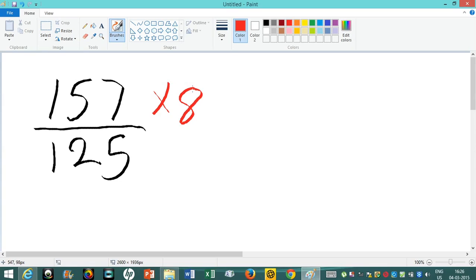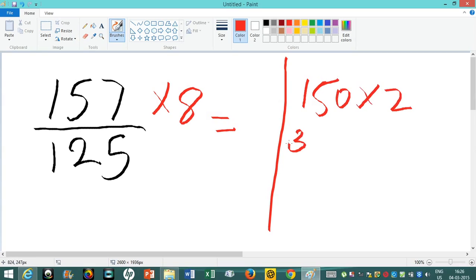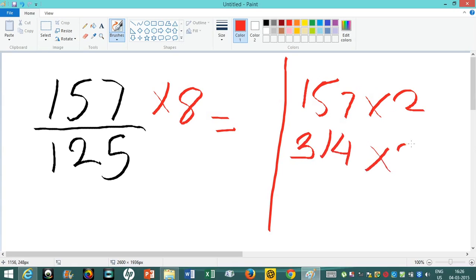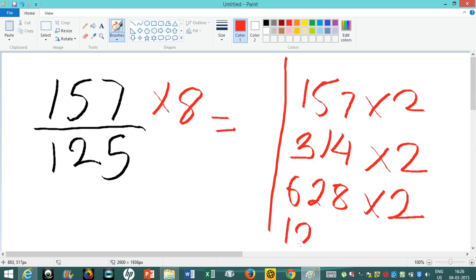An easy way to do it is to double it three times: 157 times 2 is 314, doing it again gives you 628, and once more gives you 1,256.